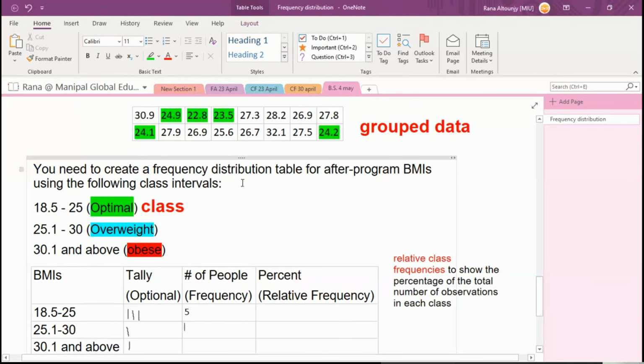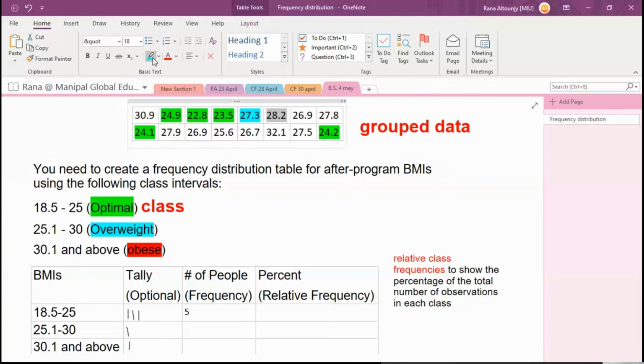No, this one, yes. So let's highlight this one, yes. This one, yes. Also this, and those. So 1, 2, 3, 4, 5, 6, 7, 8, and 9.